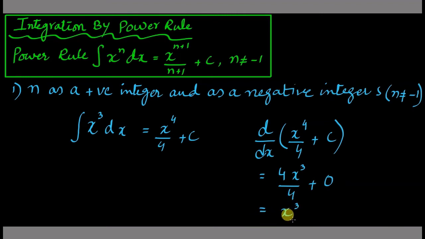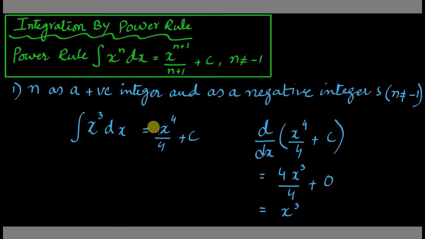So this is the reason you have to satisfy for this integral and for this particular rule, that is called power rule. Because if you choose x cube and after integral you will get x^4/4 plus c.